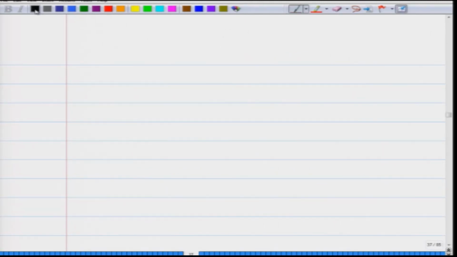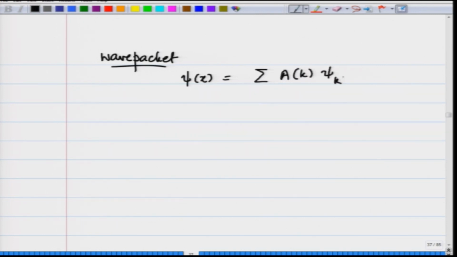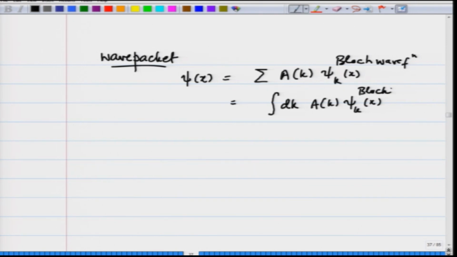After all, what we are doing is, when I make a wave packet, this is some psi of x, it is made by mixing many psi k of x Bloch wave functions, which in the case of continuous k would be written as the integral dk a k psi k of x.